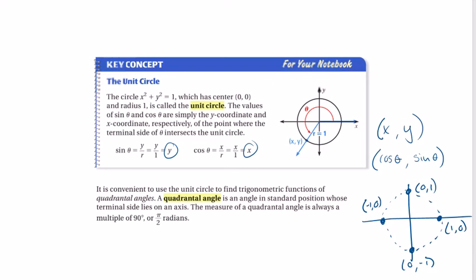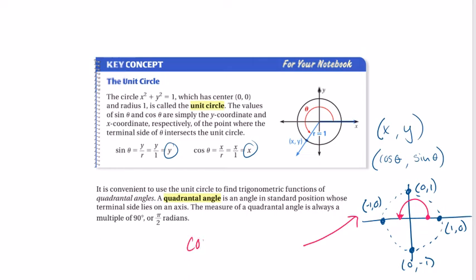Just looking at one of the points here for a quadrantal angle, if I've got negative 1, 0, keep in mind that's 180 degrees from standard position.